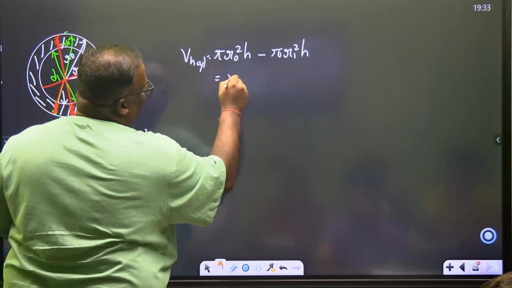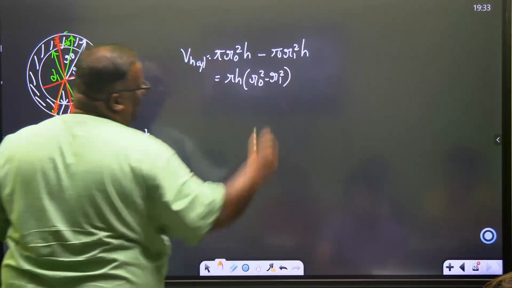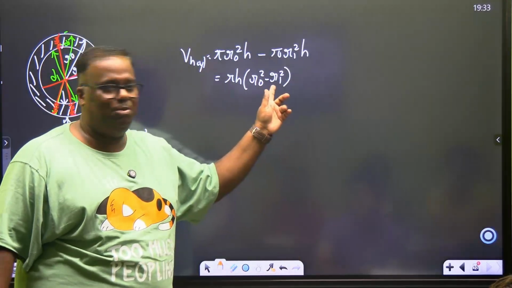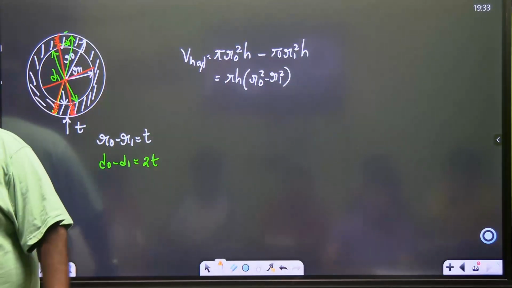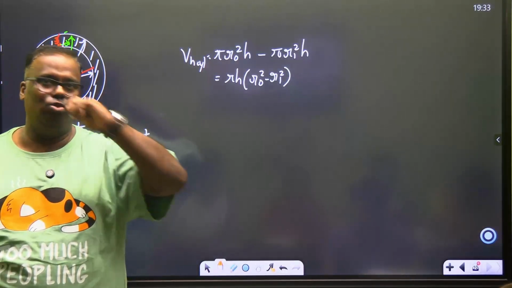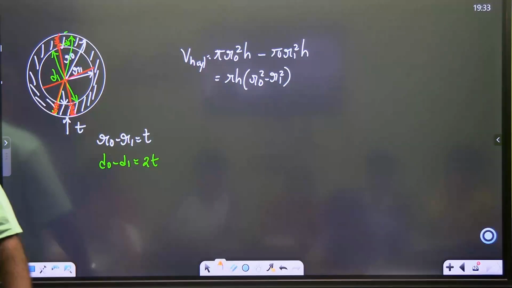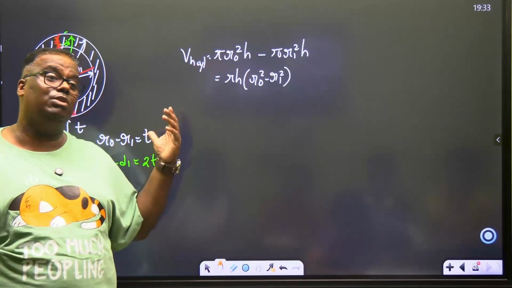And to make it better, we can write pi H times Ro square minus Ri square. And when you solve this calculation, remember this is a plus b into a minus b, the algebra formula also taking place, so it's a square minus b square. Did you understand? Whoever didn't understand, let me know. I'm trying to find out the volume of a hollow cylinder. So far we were dealing with solid cylinders.